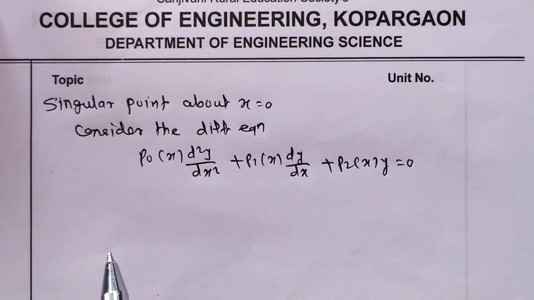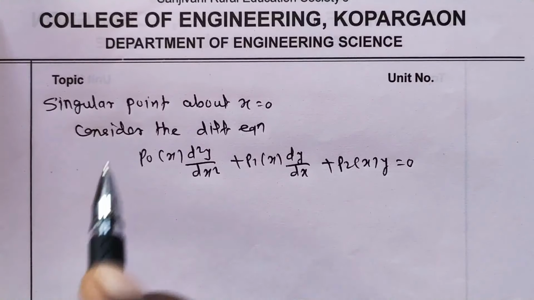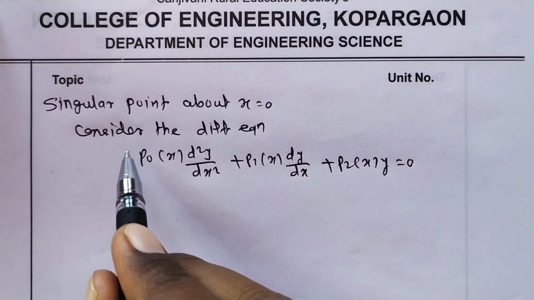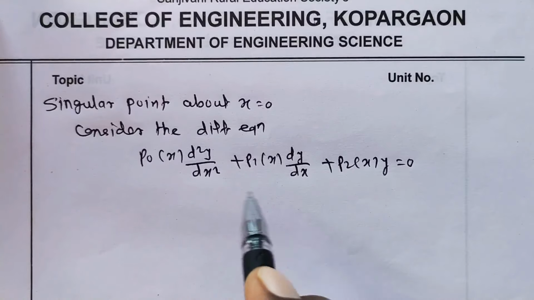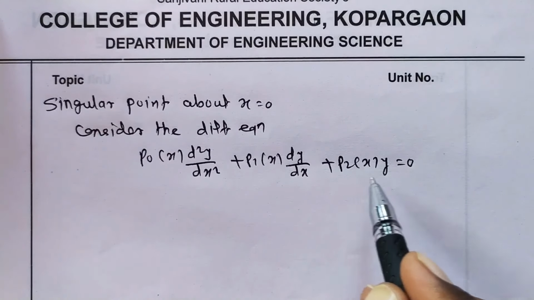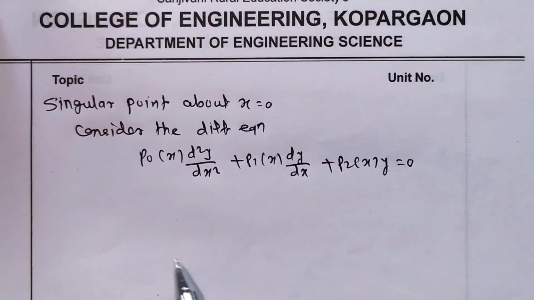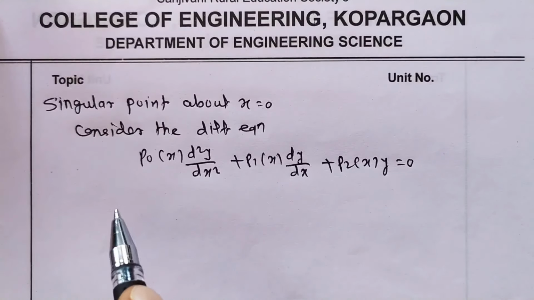What is the singular point? What is Frobenius method? So what is singular point first? Singular point about x equal to 0 means if we consider the differential equation p0 of x d2y by dx square plus p1 of x dy by dx plus p2 of x into y is equal to 0. In the first video I already explained what is singular point, what is ordinary point.